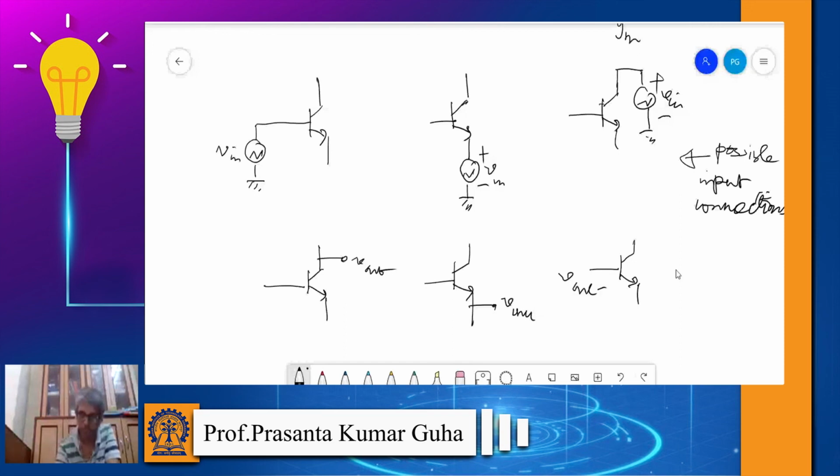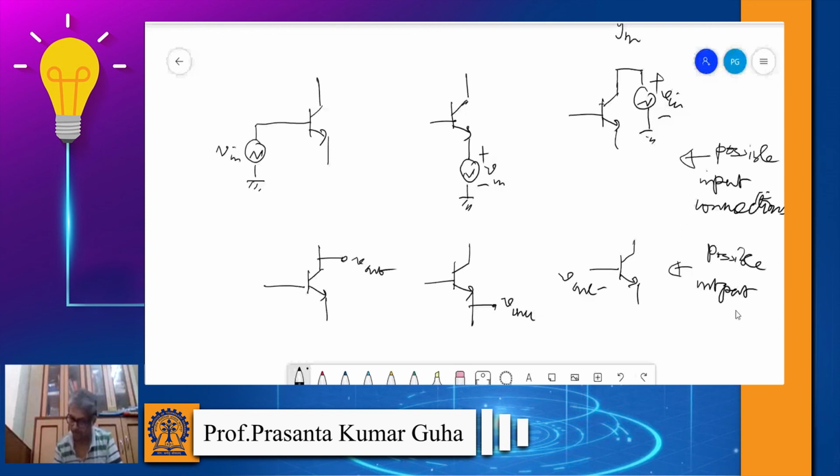So these are the possible output connections.